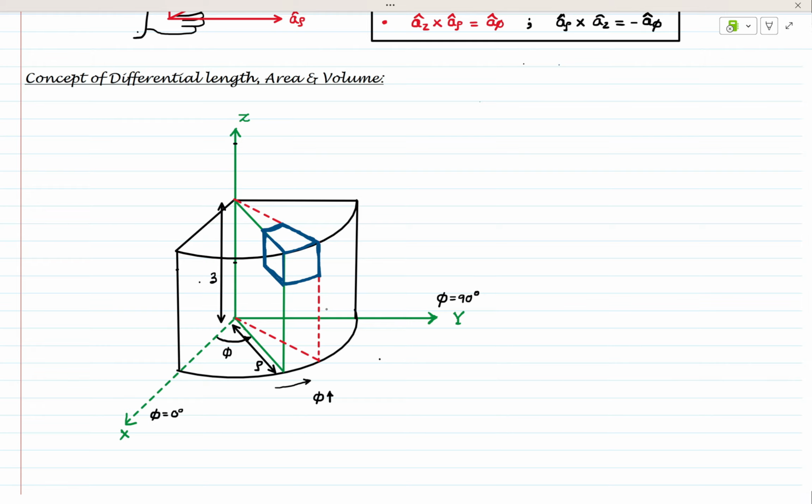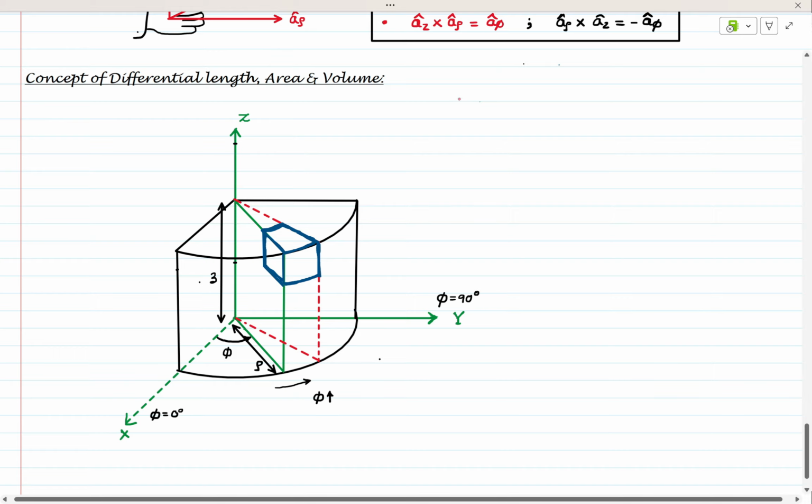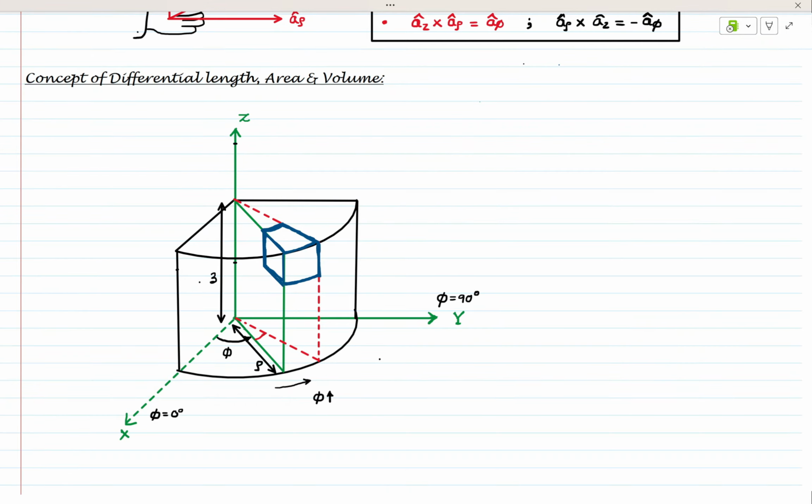Now listen to this point carefully, whatever I am going to discuss from now. We have considered a small section over the cylindrical coordinate system. This is the section here.